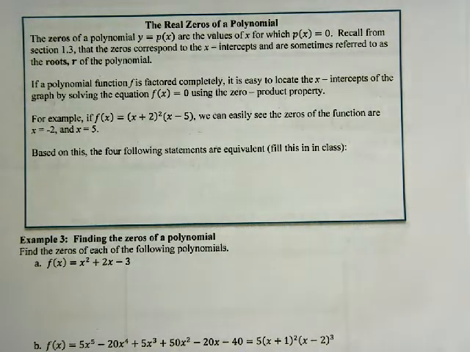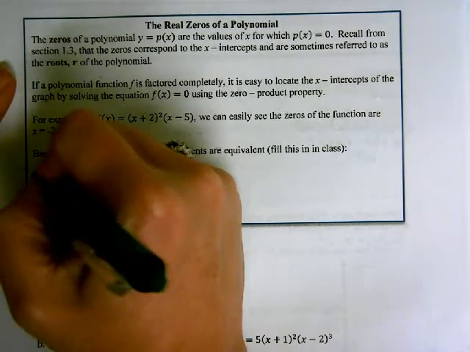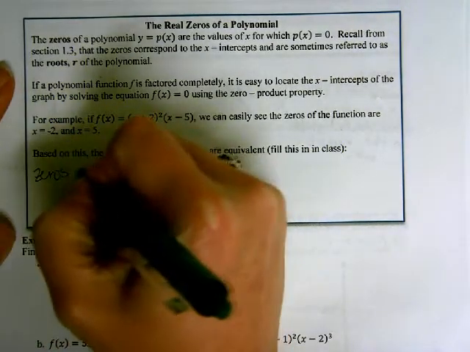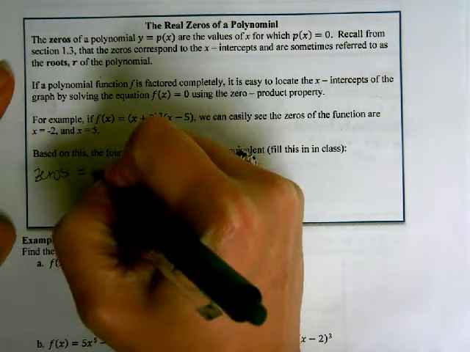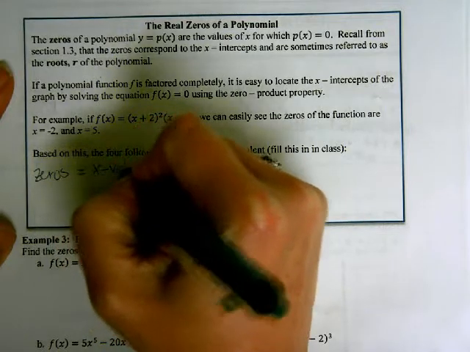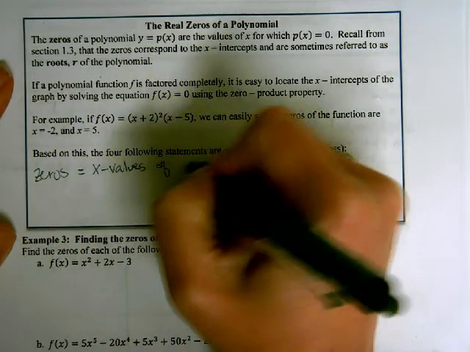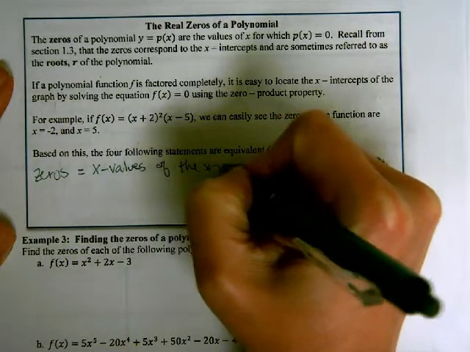Okay, hopefully this will be the last part of the video, but let's talk about zeros of a polynomial. I want to remind you that the zeros of a polynomial are the x values when the y values are 0. Said another way, the zeros of a polynomial are the x values of the x-intercepts.